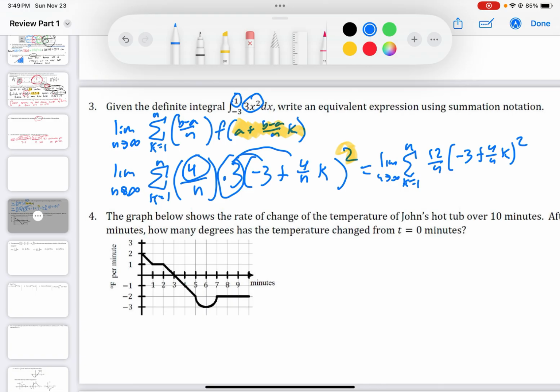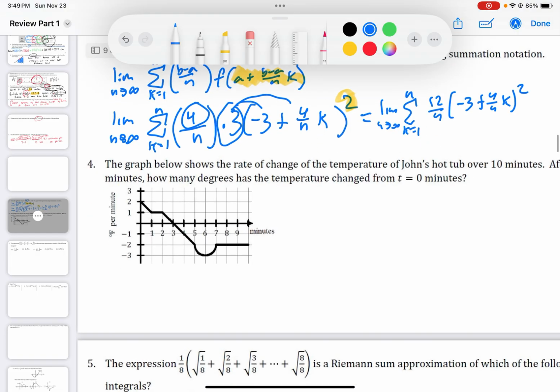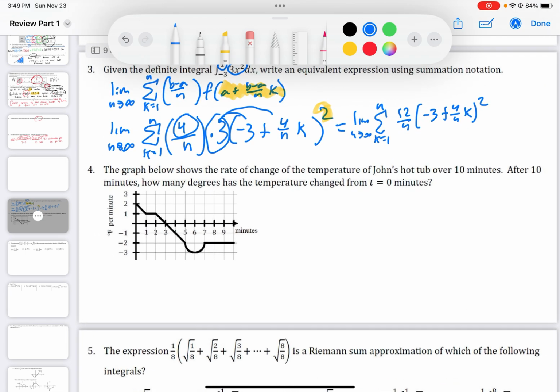All right, so the next one, the graph below shows the rate of change of the temperature of John's hot tub over 10 minutes. So the rate of change of the temperature, that's a derivative of the temperature. So the original function, the antiderivative of this graph, would be the temperature at certain times.